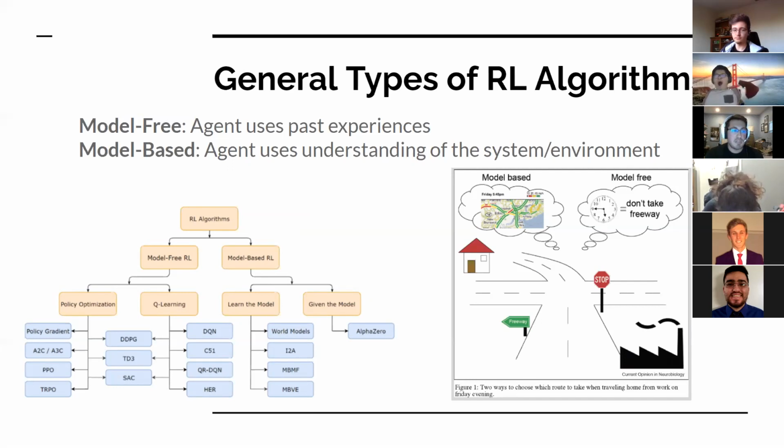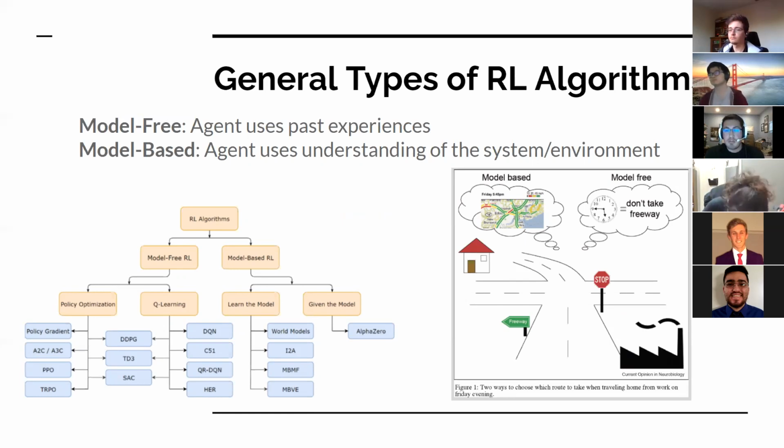And model-based means the agent uses a general understanding of the system, of the environment that it's in, in order to determine its next action. And I don't want you to get confused thinking model is like an SVM model or a random forest classifier. Think of it more as like a loose coupling between a recipe or a mapping. It's just the idea that it has laid out of what it should do within the environment.